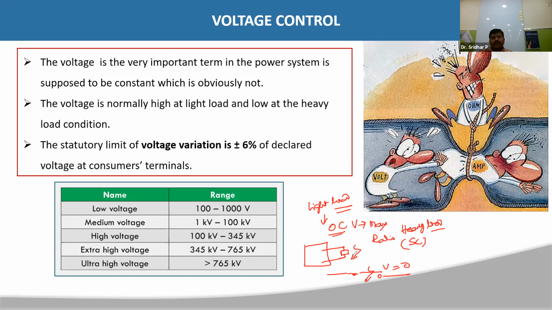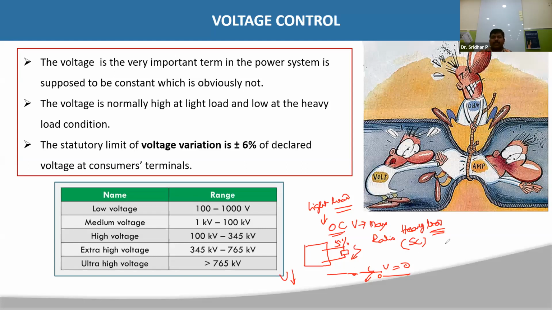If it is not an open circuit but some 5% load, a light load, you have pulled onto the system, then the voltage will decrease slightly. That is the point I have mentioned here very clearly: the voltage is normally high at light loads. Light load means the open circuit voltage will be high, and it will be low at heavy loading conditions. Heavy loading means, in the worst case, how much load you can pull onto any machine, cable, or conductor.